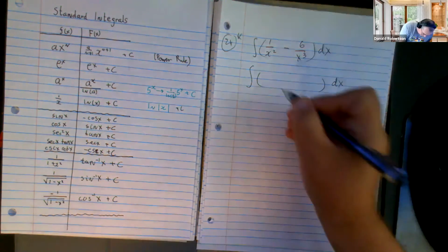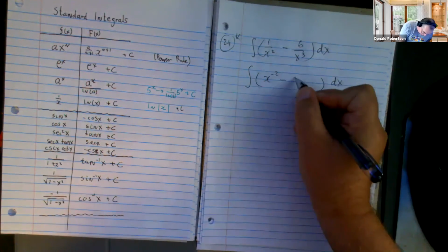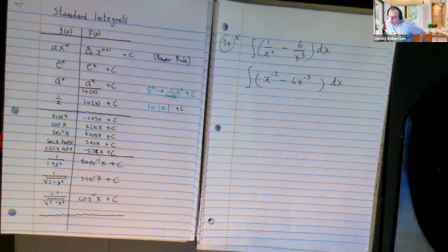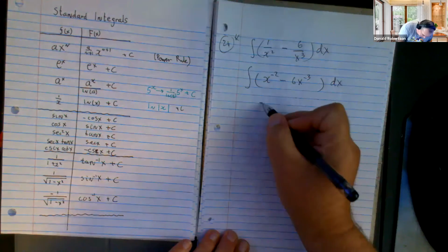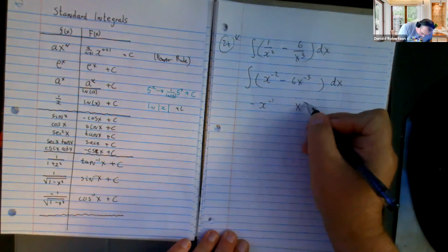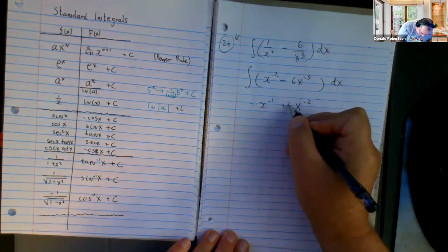I agree. And for the same reason, wouldn't you call that -3? If it was 1 over the square root of x, wouldn't I call it x to the -1/2? We've seen those before. Power rule: add 1 to the power, divide by the new power. Add 1 to the power, divide by the new power.